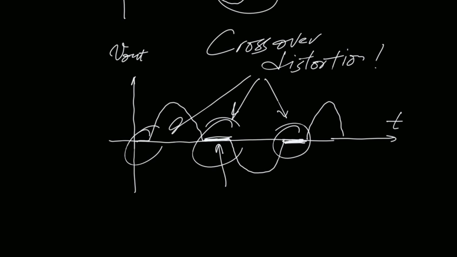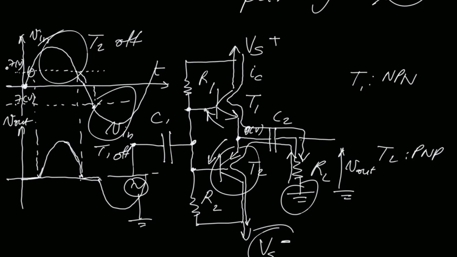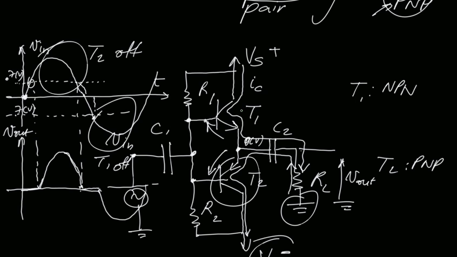Now, the interesting thing about this type of transistor amplifier, and I'll go back to the circuit, is that T1 or T2 will conduct only when there's an input voltage. When there's a zero in here, neither one of them conducts and there's no current flowing through the two transistors.